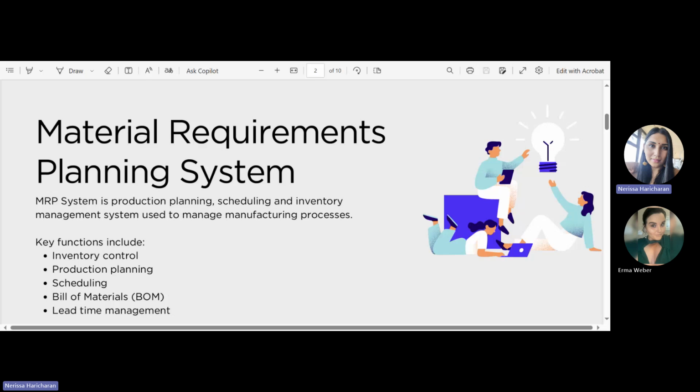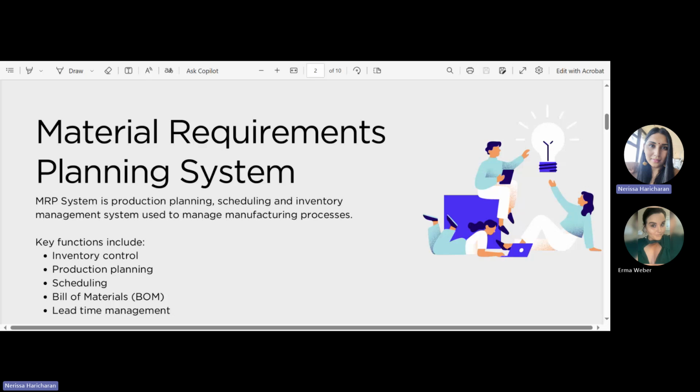So when we talk about MRP, the Material Requirements Planning System, it's basically a planning, scheduling and inventory management system. So when you have to manage a manufacturing process, for instance, you need the materials and the products available for production and delivery, whilst you minimize your inventory level and your production costs.